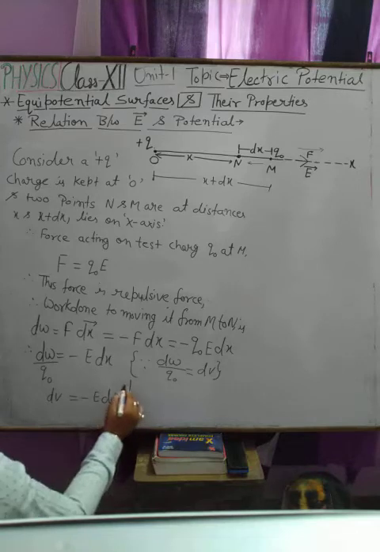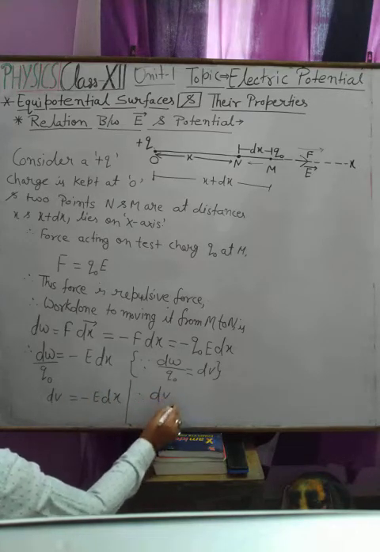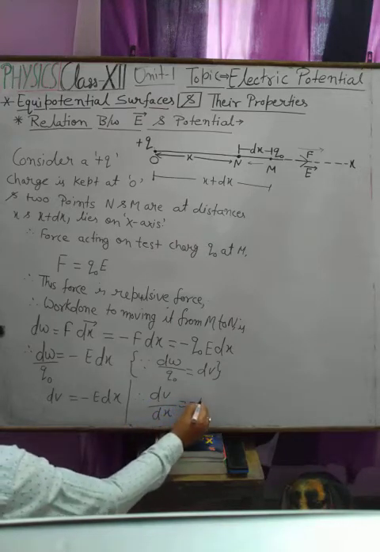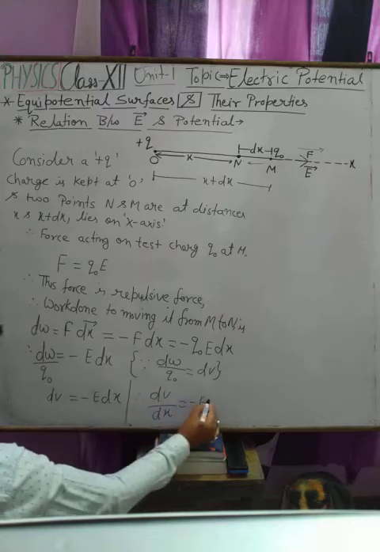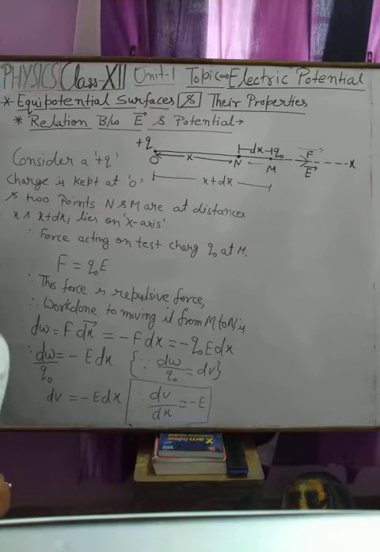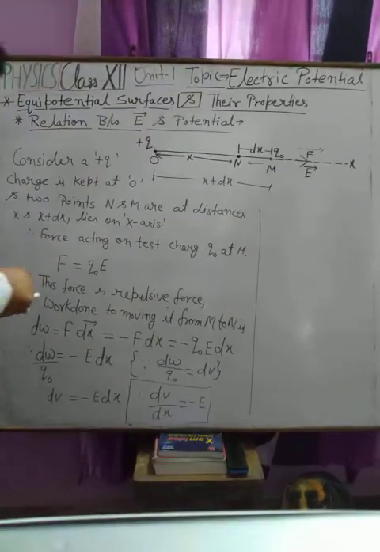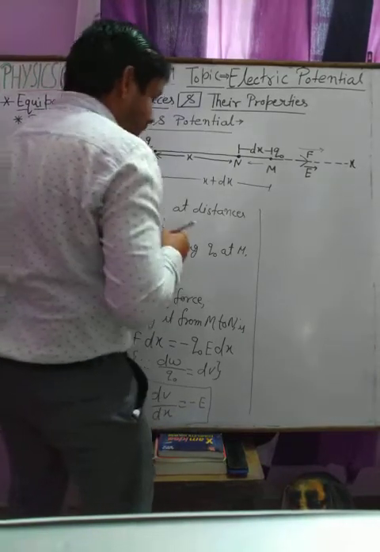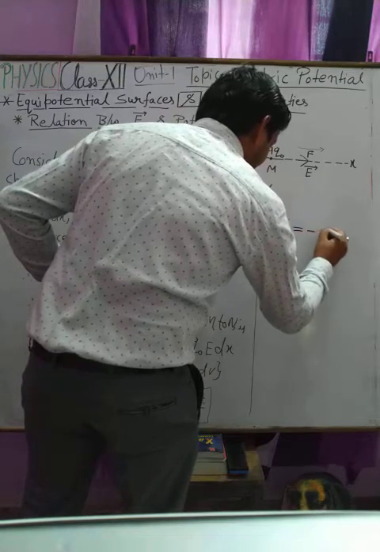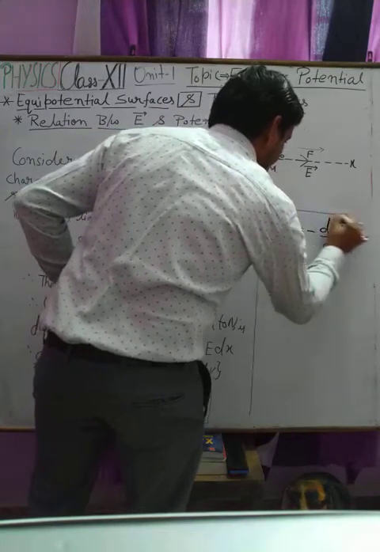Here student, this relation dV upon dx equal to minus E, or we can also write this equation as E is equal to minus dV upon dx.